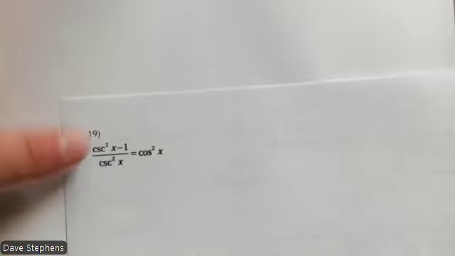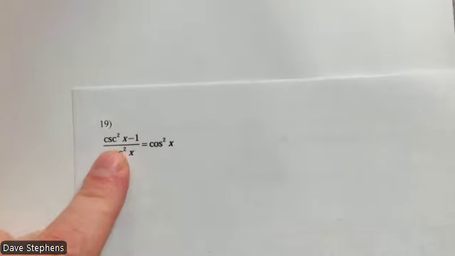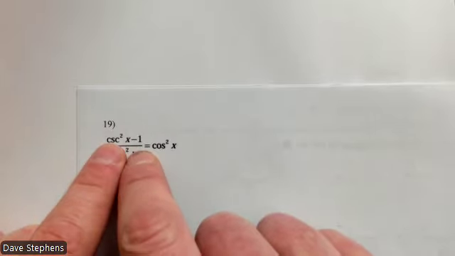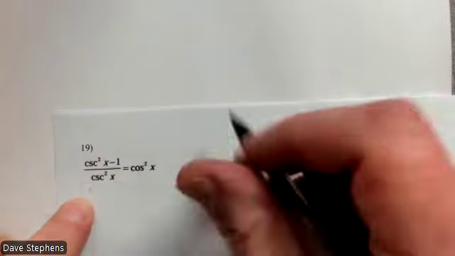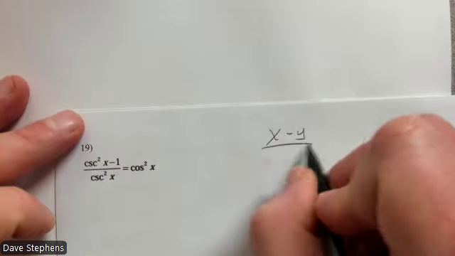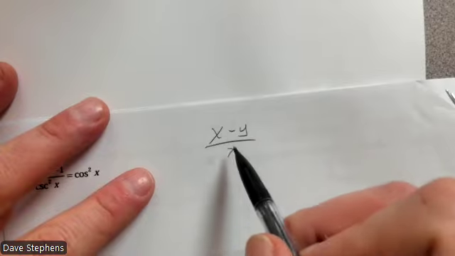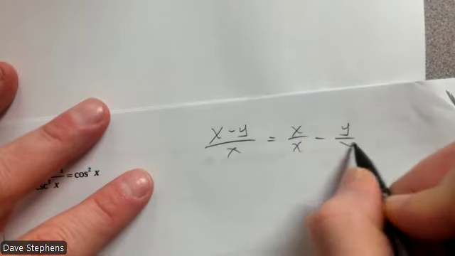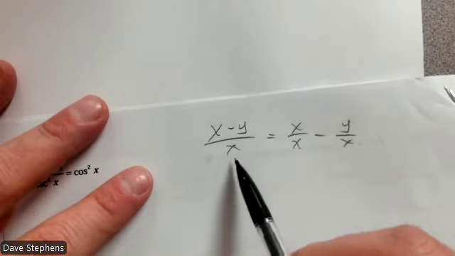Cool. Two more. We can do hard things. Do the left side. And not only that, but here's what's cool: cosecant and cosecant. I have a binomial divided by a monomial, x minus y over x, which turns into x over x minus y over x. I can split that up when I have a monomial in the denominator.